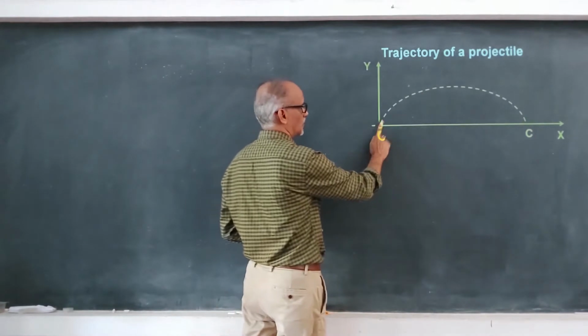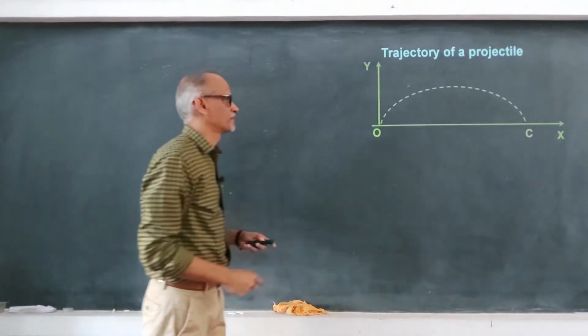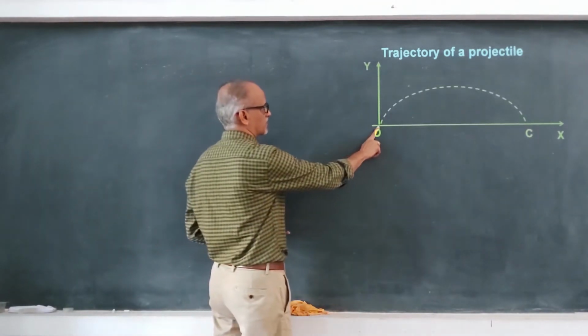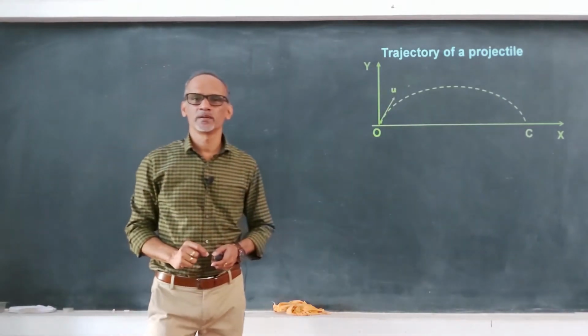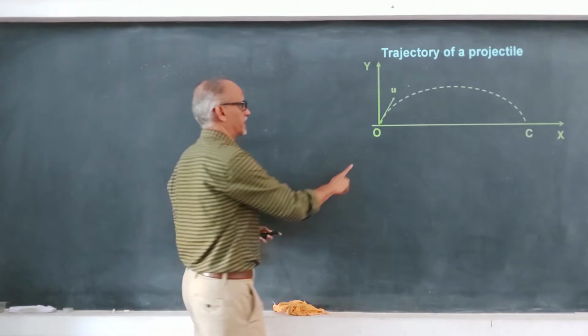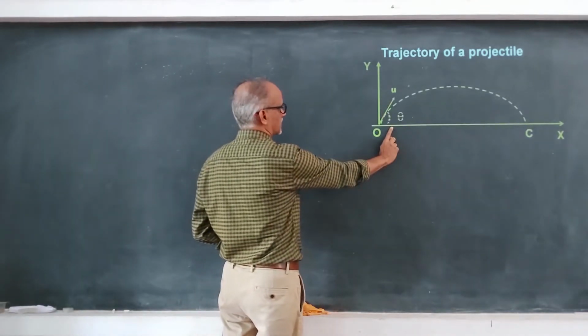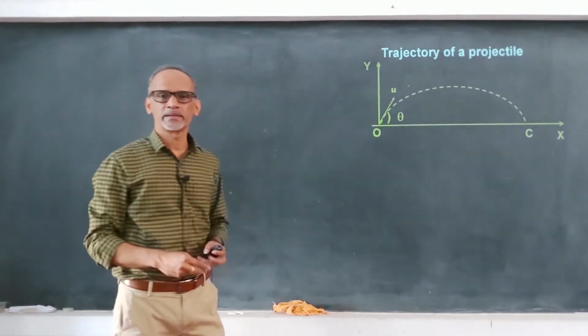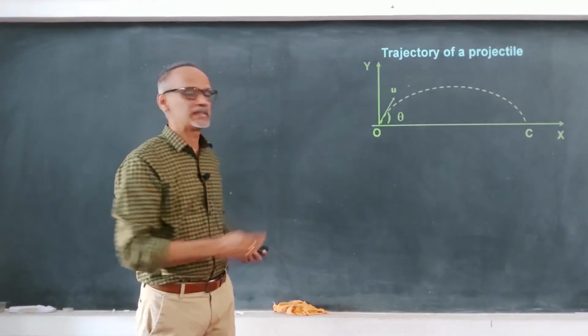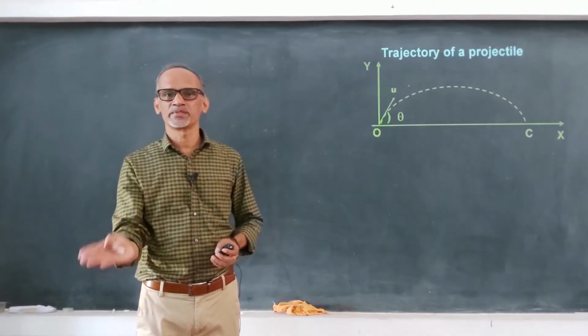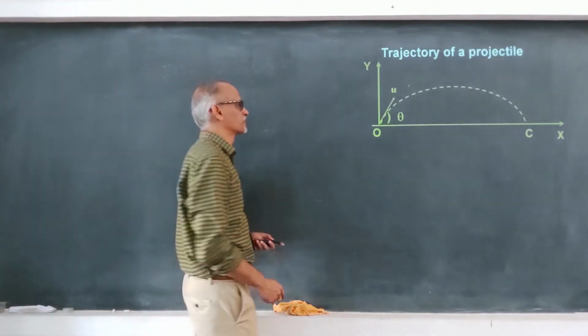It starts from O and then it reaches C. When it is projected, it has to be projected with a certain velocity, and that velocity is called the velocity of projection. That velocity of projection makes an angle theta with the horizontal. Theta can be 0 degree, 1 degree, 2 degree, any degree, even 90 degree as well. So, theta varies from 0 to 90 degree.